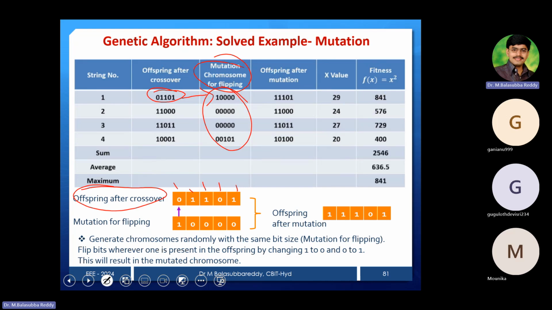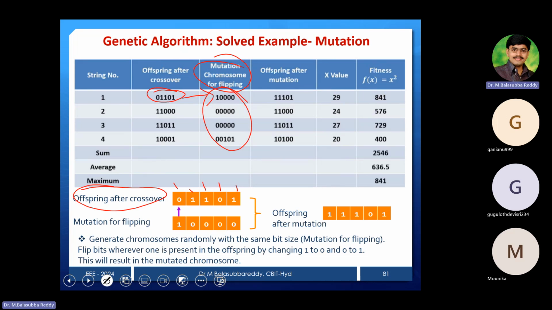For the random chromosome, you just make a toss. Wherever head is there, that will be 1, and wherever tail is there, we will make it 0. And then you're going to do the mutation wherever ones are there. So, after crossover, we have 0, 1, 1, 0, 1. That is the case of the offspring.